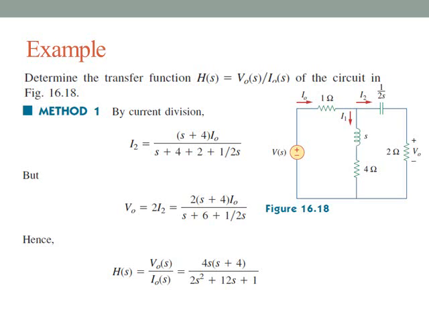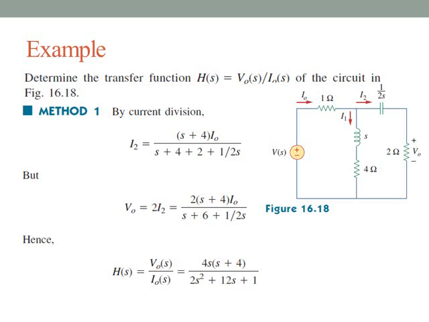First, we directly find I2, and using that I2 we can find V0, which comes out to be equal to (2s plus 8) divided by (s plus 6 plus 1 by 2s), and then we can find H of s equal to V out of s divided by I out of s, and this will be the transfer function which we need to find.